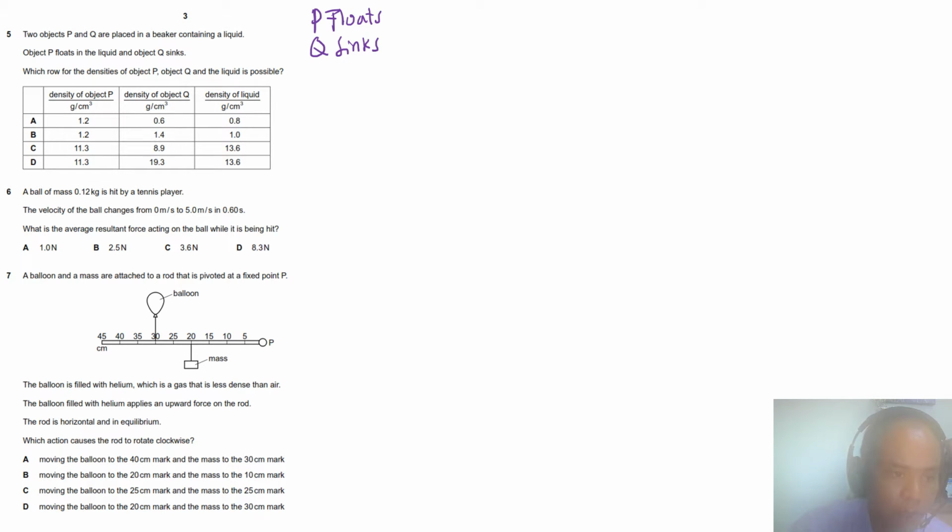So P has to float and Q has to sink. The density is 0.8 for option A. It means that object P will sink, and object Q will float.